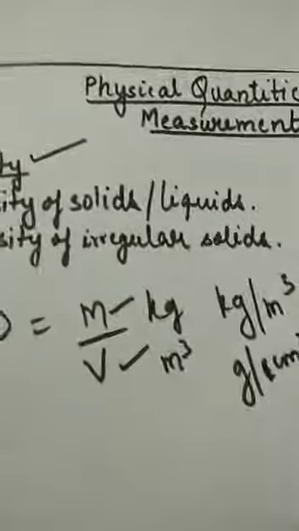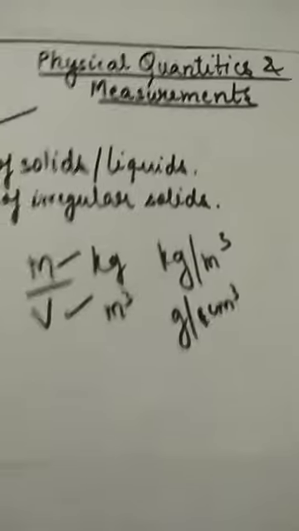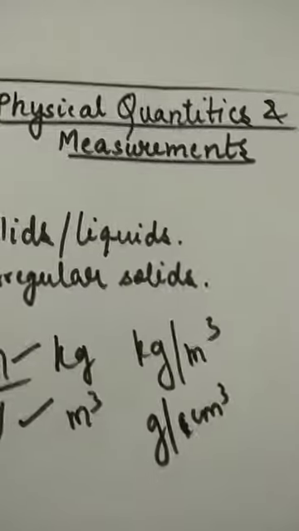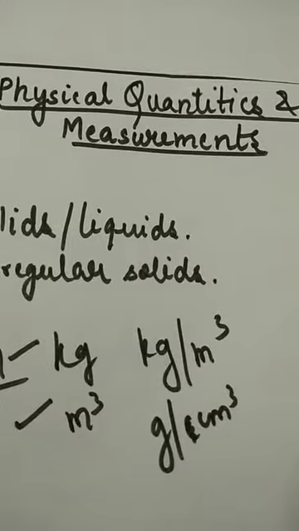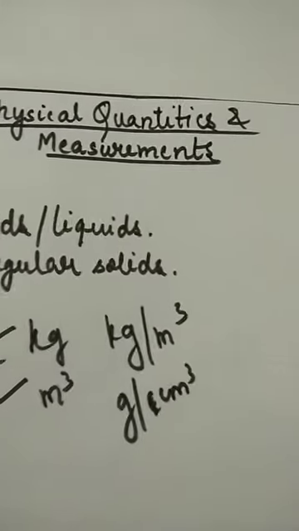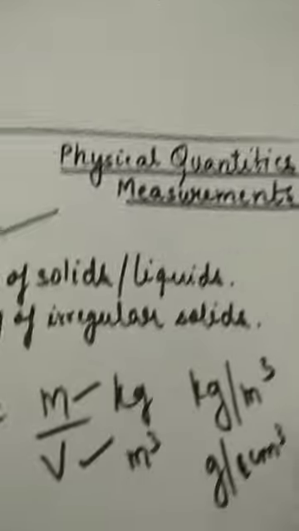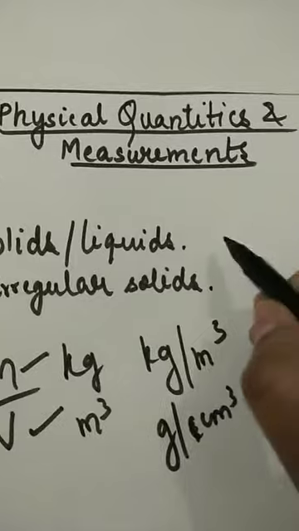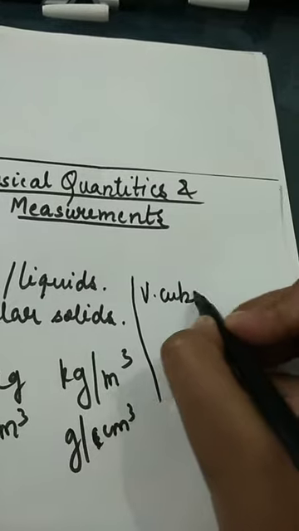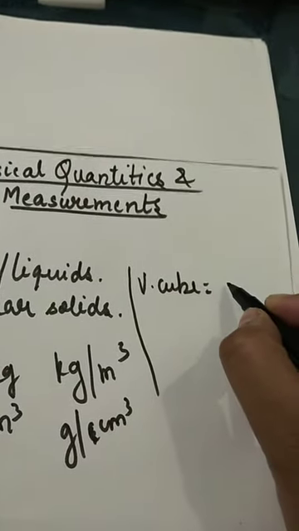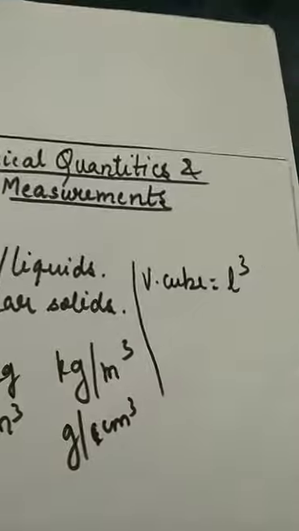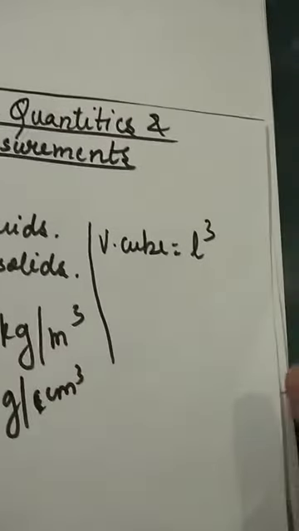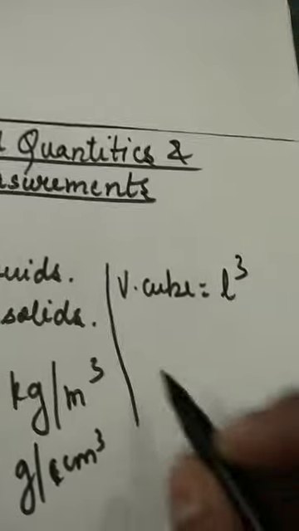We know some regular solids like rectangle, triangle, cube, cuboid, etc. The volume of a cube, we have already studied this in maths also, will be equal to L cube, because all the sides are equal, so it will be one side cube or edge cube.